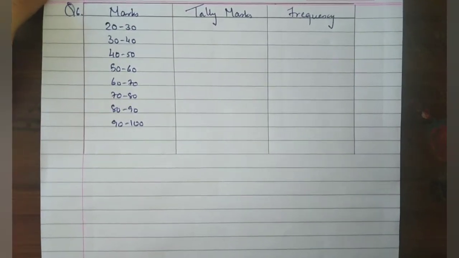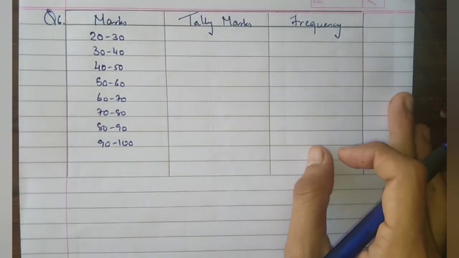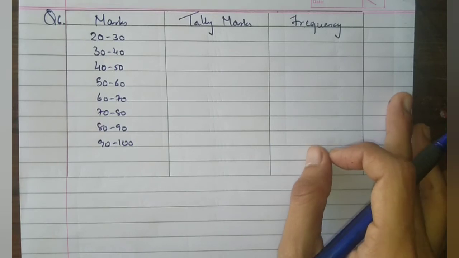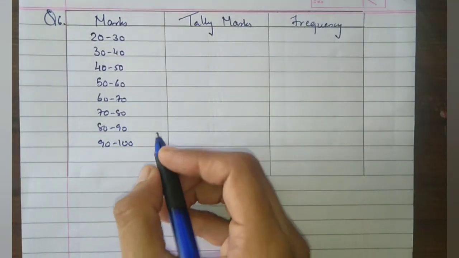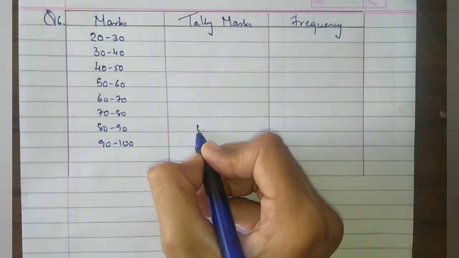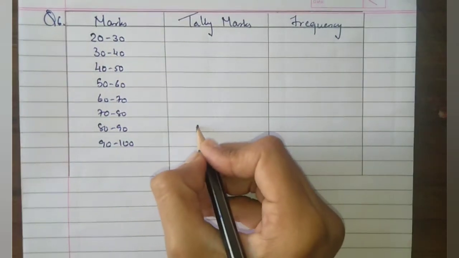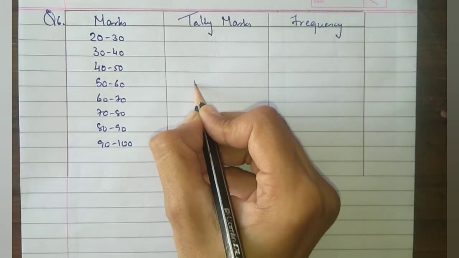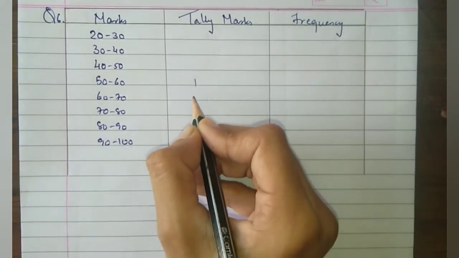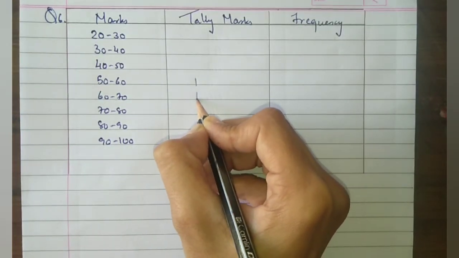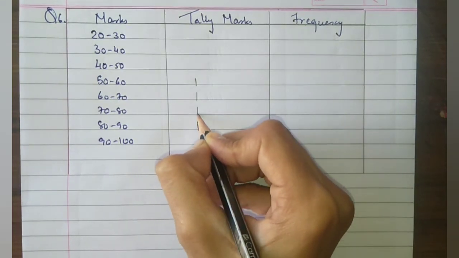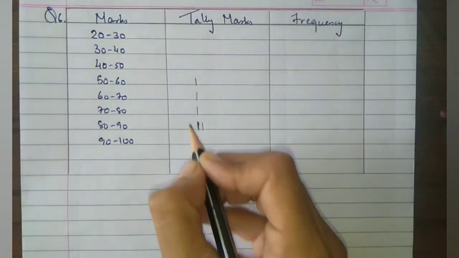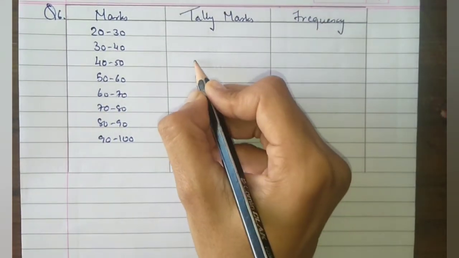Now these are the class intervals. Now we will do the tally marks. The first one is 81, so 81 is here. We will do it with a pencil only. Then 55, 55, 68, 79, 85, 43, 43.